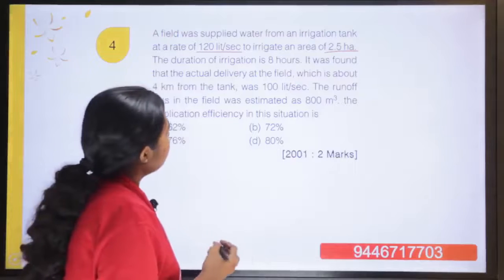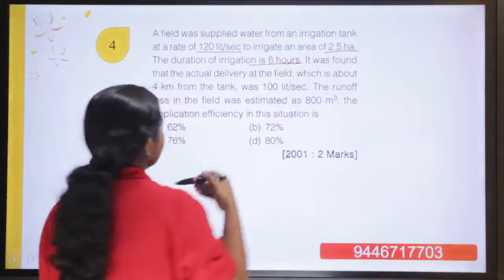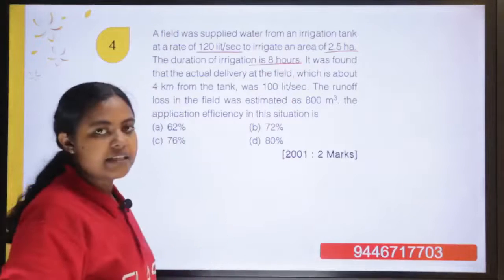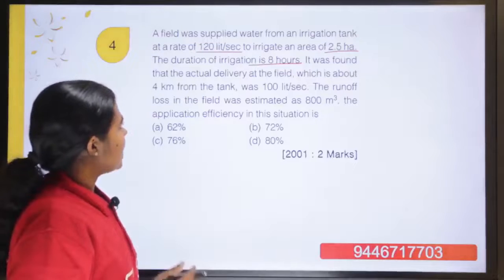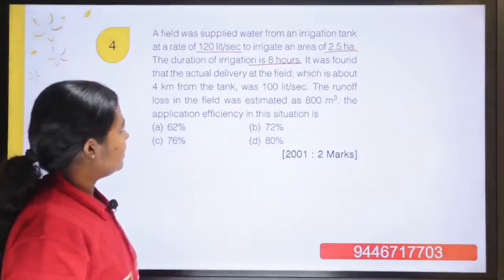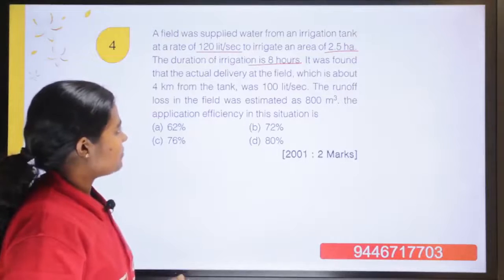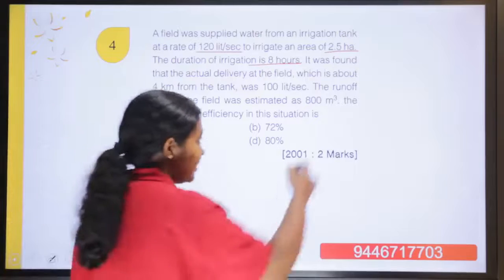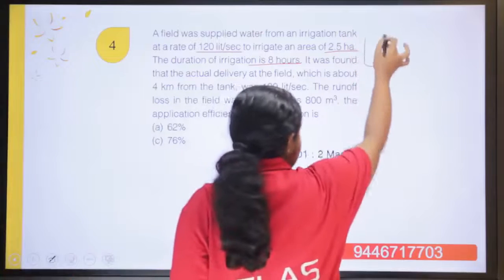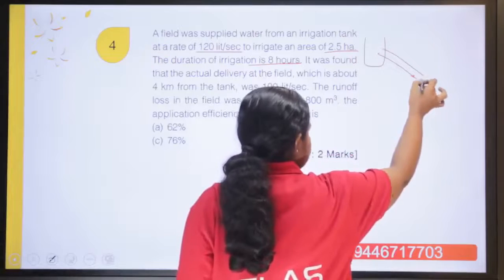The duration of irrigation is 8 hours. It was found that the actual delivery at the field, which is about 4 km from the tank, was 100 liters per second.